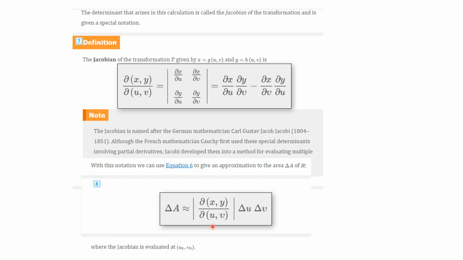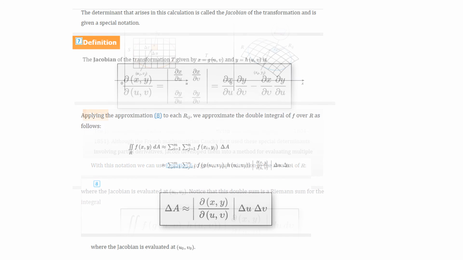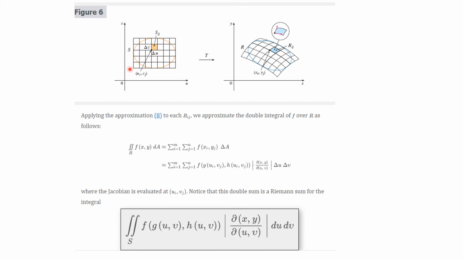The Jacobian itself could be negative, but it's the absolute value, times delta u, delta v. So whenever we're trying to do an integral over here in UV space, it changes to this.